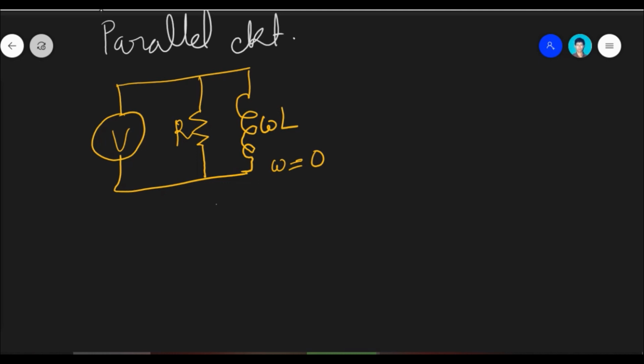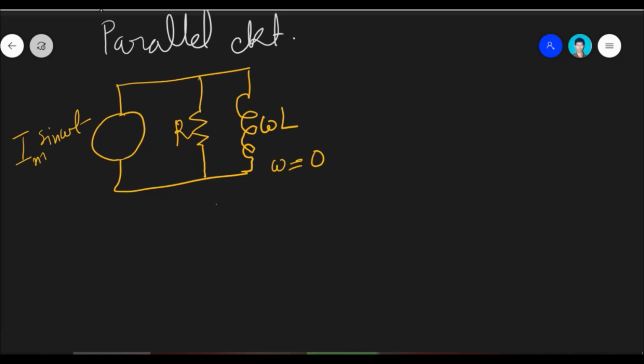So instead of a voltage source, we will consider an alternating current source Im sin omega t, and as it is a current source, this current remains constant.